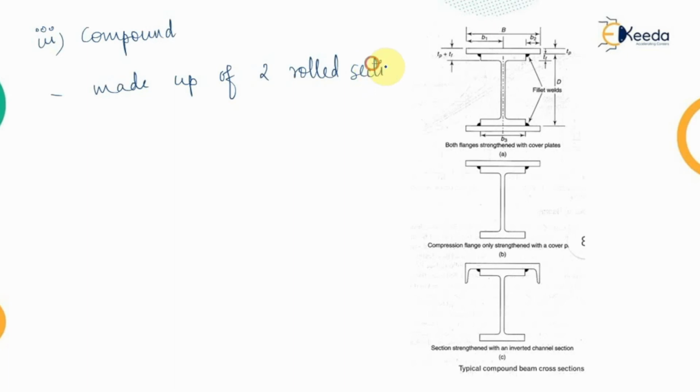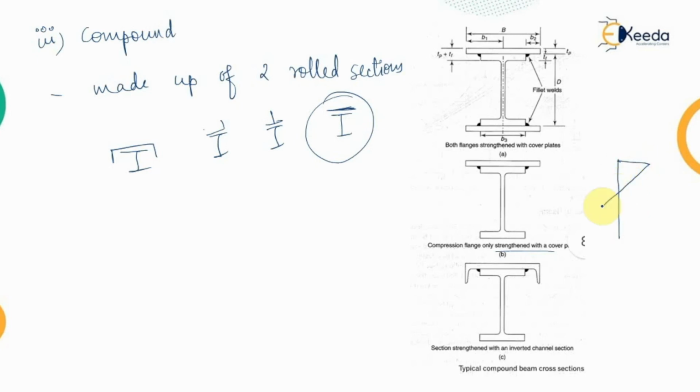That means either we can be using an I section and a channel section, or an I section and an angle section, or an I section and a T section. So these are the different types of combination for the compound beam, or simply we can be using a plate over the I section so as to strengthen the compression side of the I section.